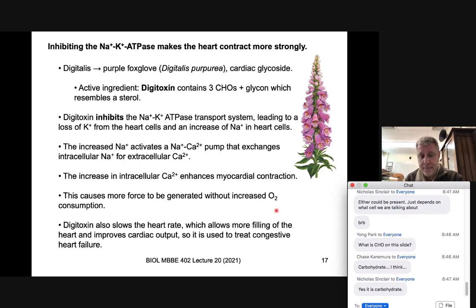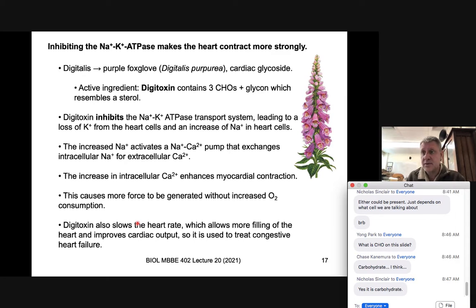So what happens in this process? We will see digoxin slow the heart rate down, but increase the capacity to fill and contract and increase the cardiovascular output. With this, we increase the circulational capacity.